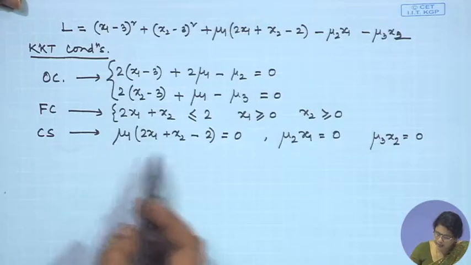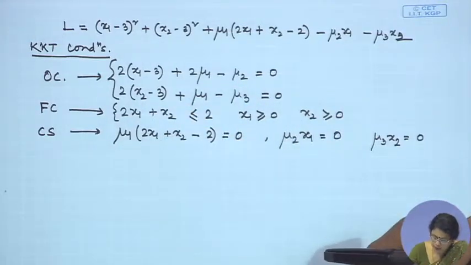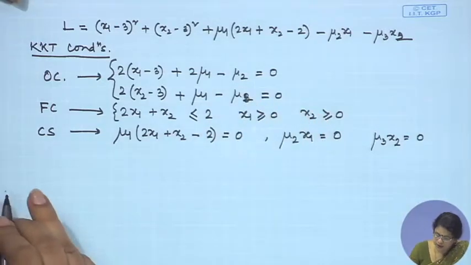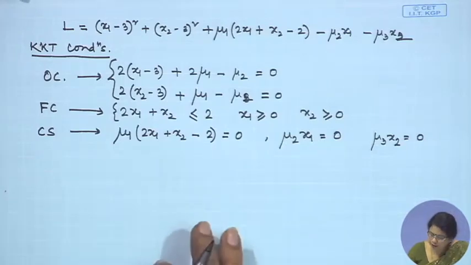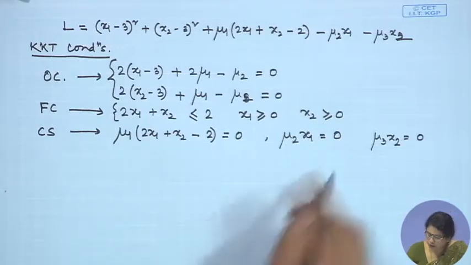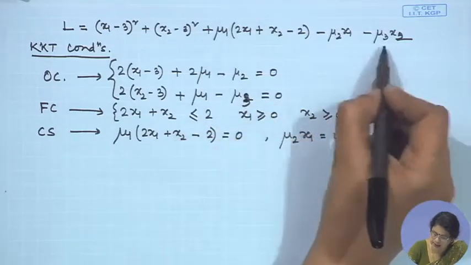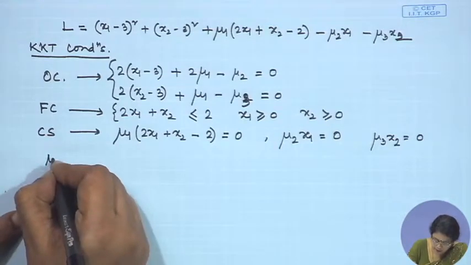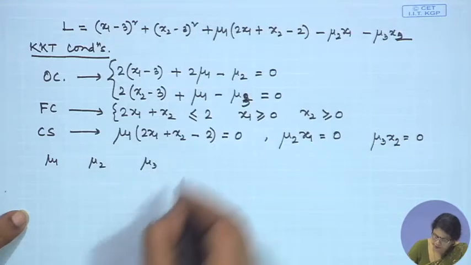Now, you see, if we have so many conditions together, we have unknowns like x1, x2, mu 1, mu 2, mu 3.